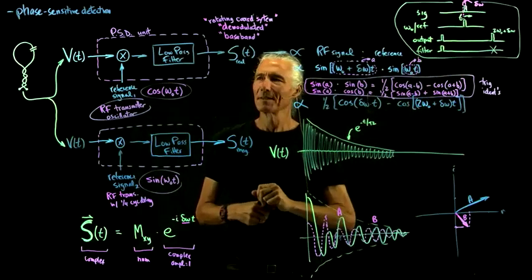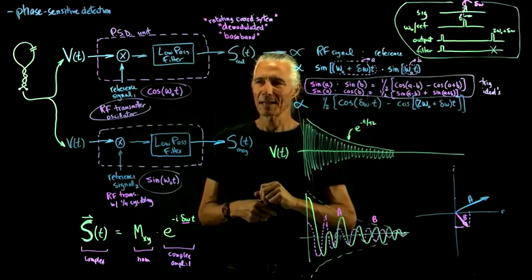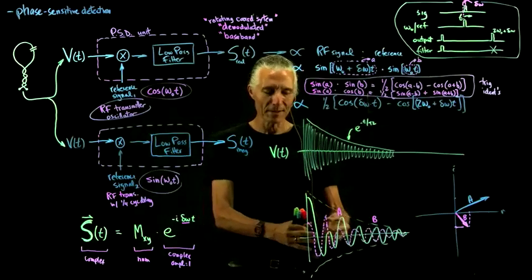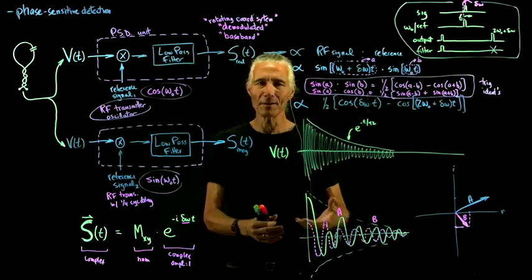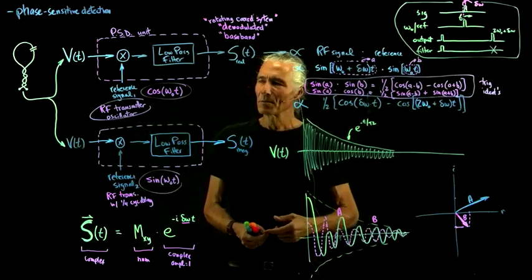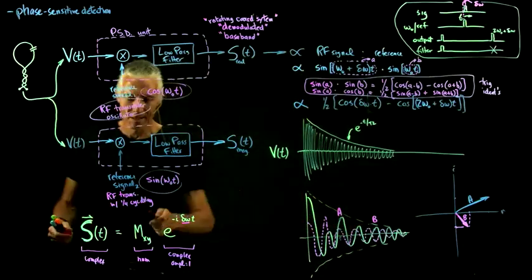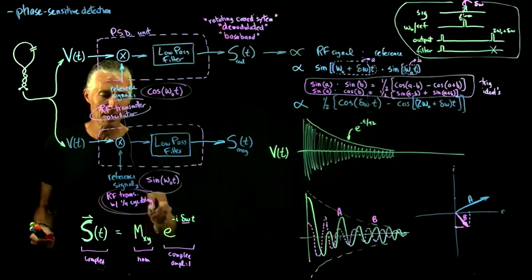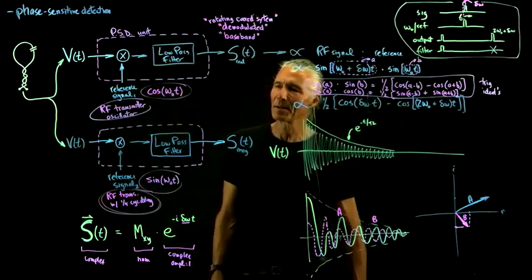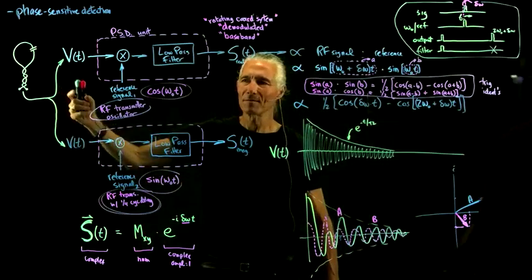It's amazingly simple. But like I said, if you don't understand this, then you can't. The whole thing is about this complex valued signal. And so how do you get a complex valued signal? We're essentially adding some information because we're adding this reference signal in there, and that's what allows us to get that second number out of a single stream of numbers, a single stream of voltages coming in.